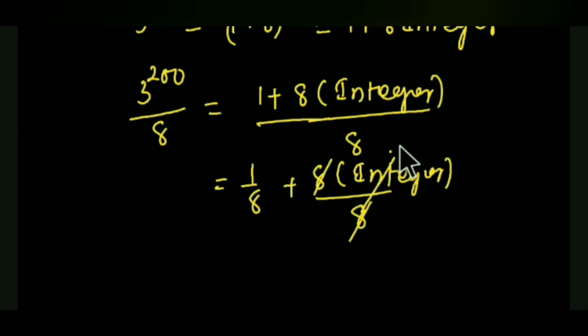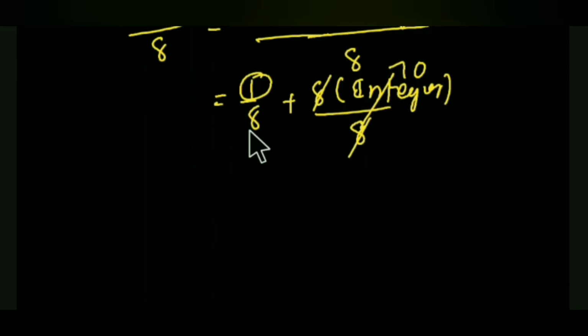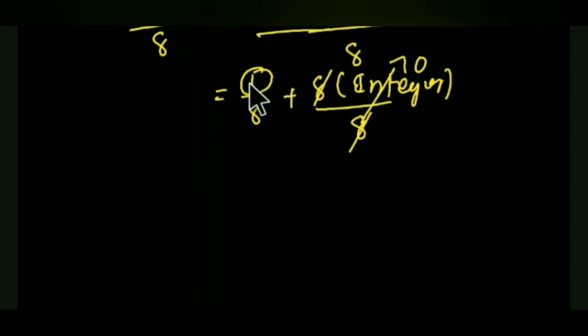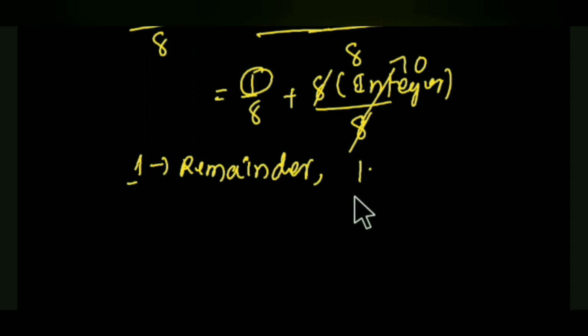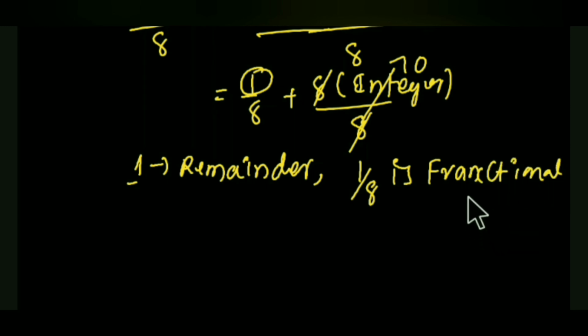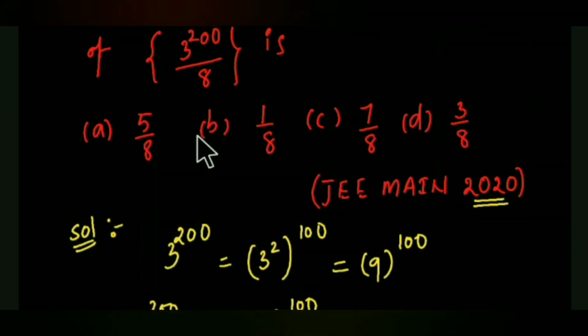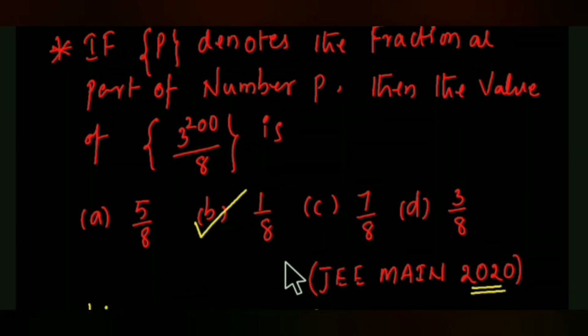Here the remainder is 0, but 1 is left out as a remainder. 1 is the remainder, but 1 by 8 is the fractional part. So my answer is 1 by 8. You can see option B is the right answer. Thank you.